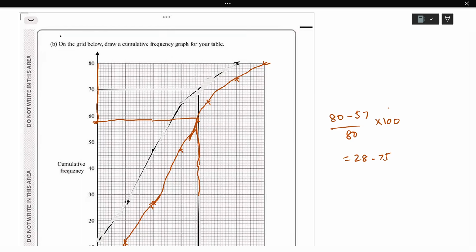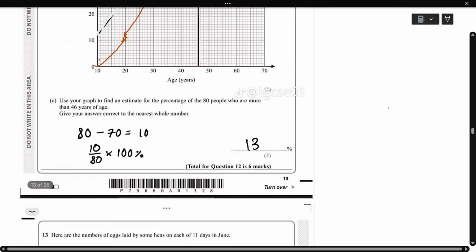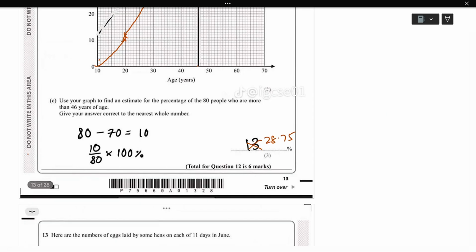Yes, we are getting 28.75. So the final answer is going to be 28.75.